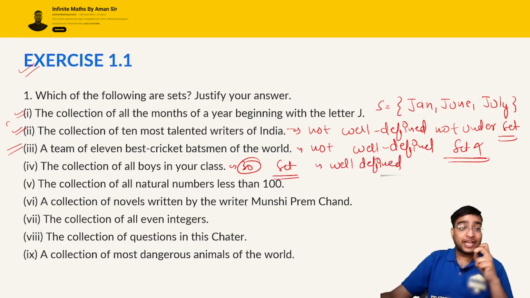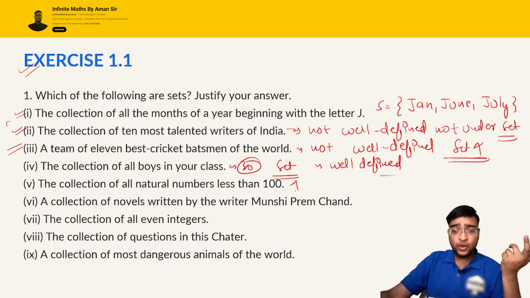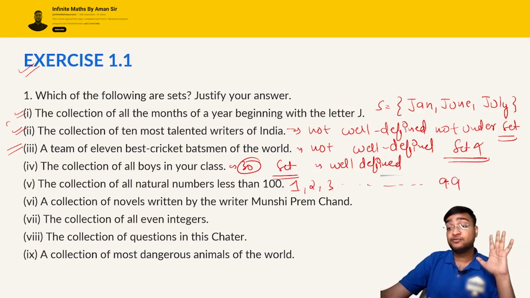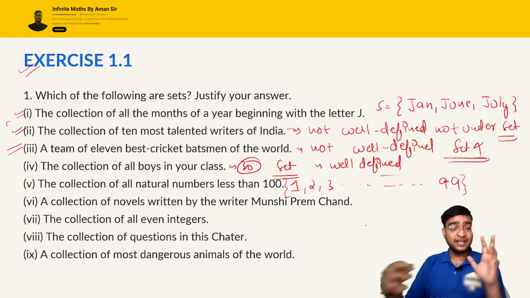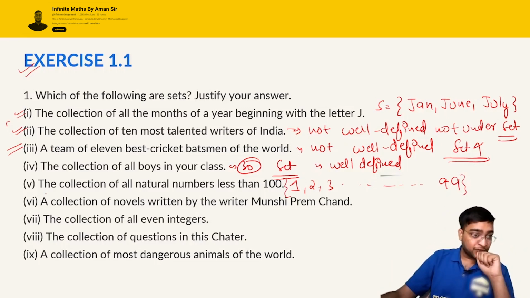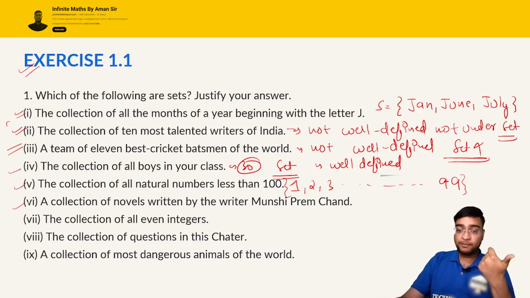Okay sir. The collection of all natural numbers less than 100. 1, 2, 3, from where? Till 99. These are the set of all natural numbers that are less than 100. Let's come to the sixth part, the collection of novels written by the writer Munshi Premchand.